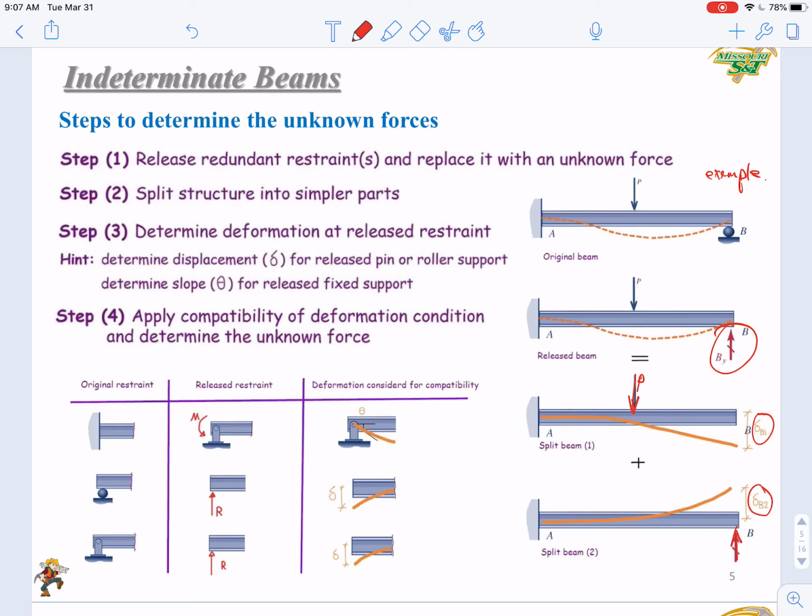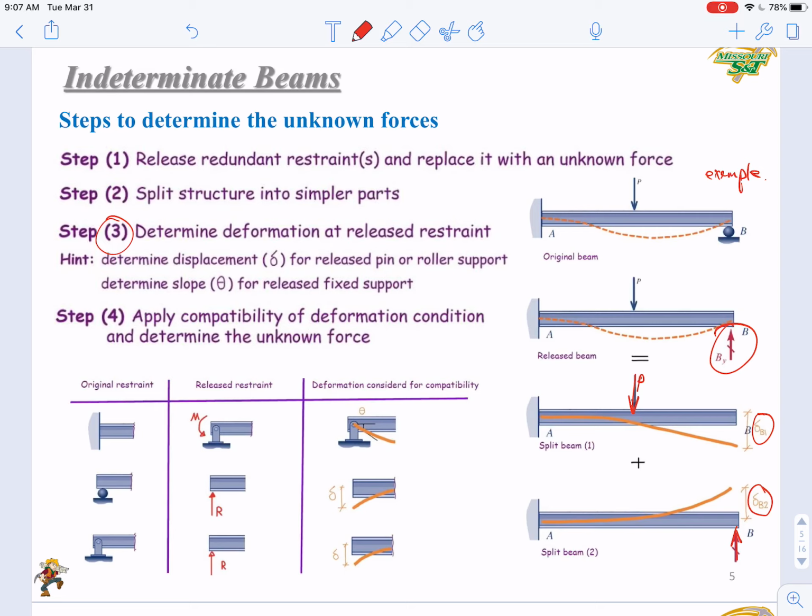Then the compatibility equation would be what? The calculation of these 2 deflections is step 3. Then in the last step, you will apply compatibility conditions. Then you can determine the unknown force. So what is the compatibility equation in this case?